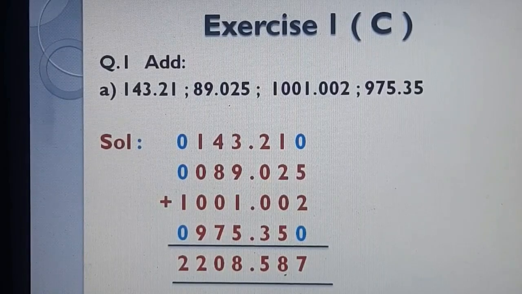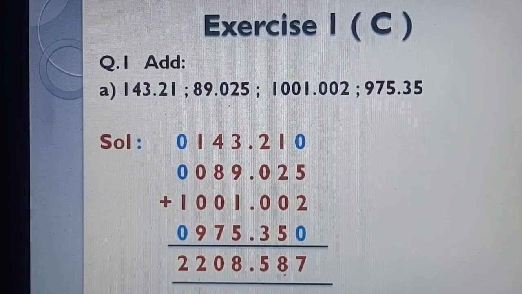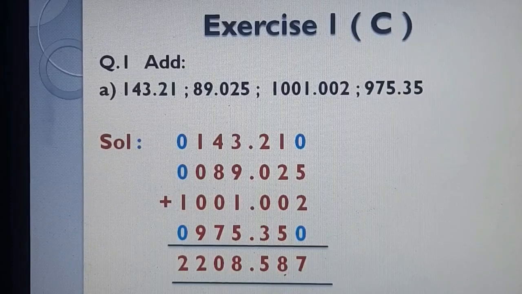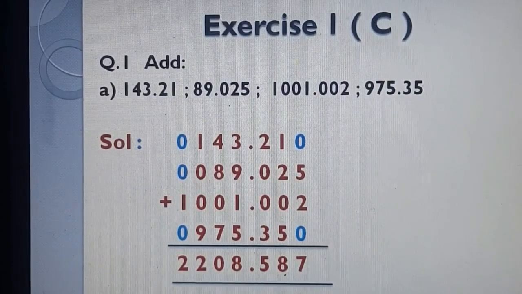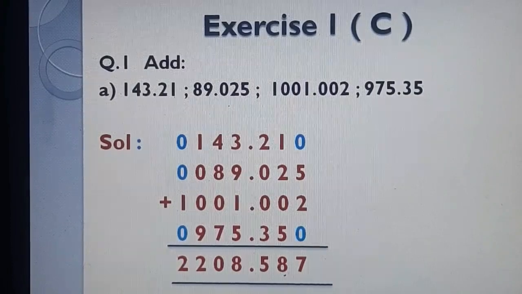Remaining is simple addition. Zeros will not be inserted inside. जो नंबर दिया है वैसे का वैसे आपको नंबर लिखना है. Then you have to take care that all the decimals should be in the same vertical line. And after that you will do addition.